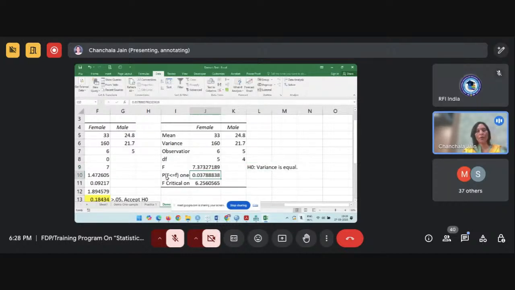So if your critical value is available for one tail, you need to multiply this by 2 to convert it into the two-tail test, right? So it is now in the two-tail form. Now you can see it is greater than 0.05. That means we'll accept the null hypothesis. And when we are accepting the null hypothesis, we are saying variance is equal.